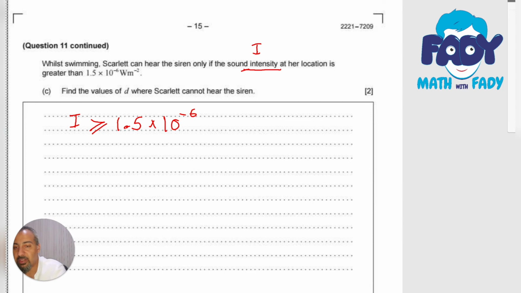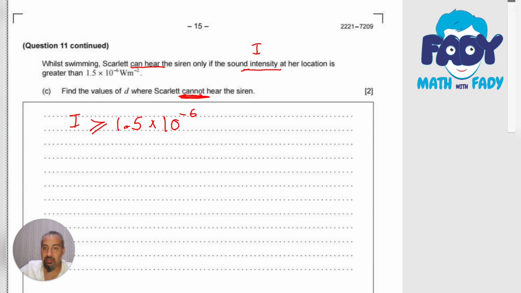The question C: find the values of d where Scarlett cannot hear the siren. This is important because what I just wrote here is the intensity when she can hear the siren.